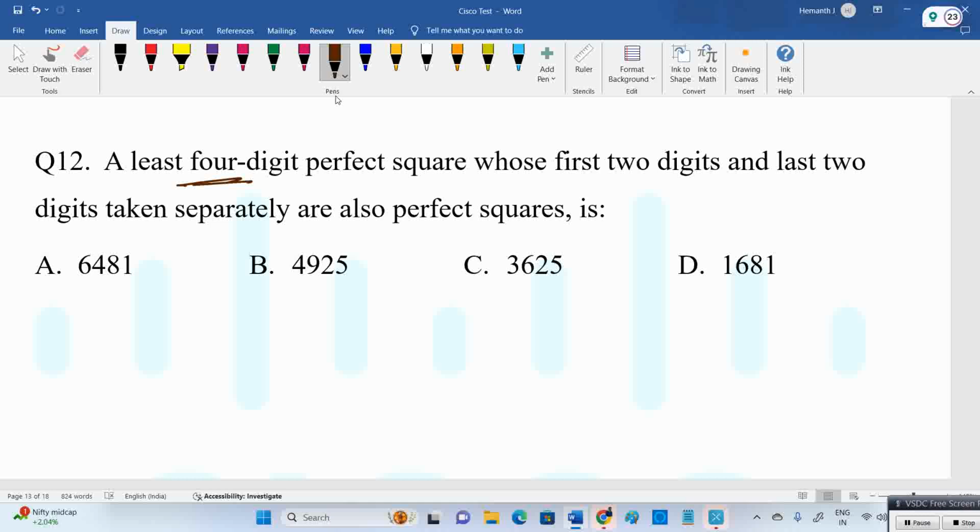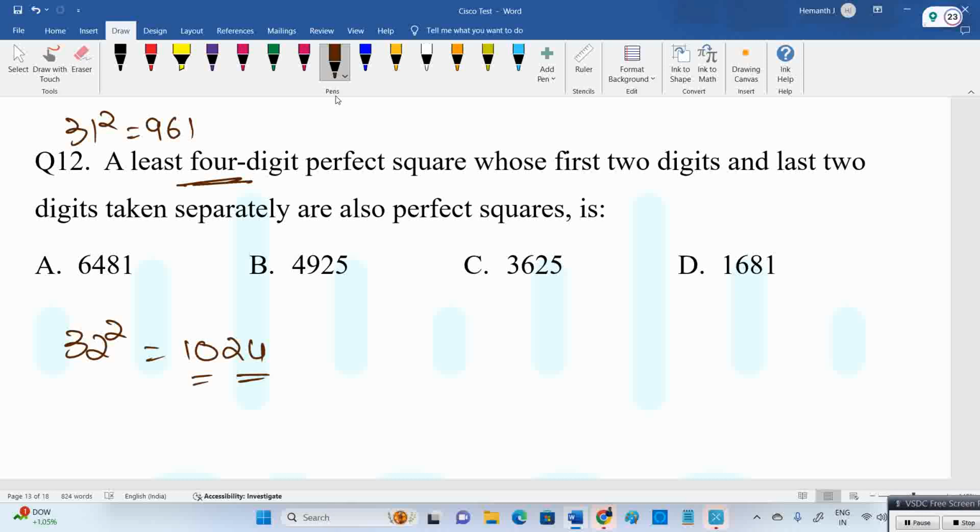See, a least 4-digit perfect square. The least 4-digit perfect square is actually 1024. But 10 is not a perfect square. 31 square is 961, which is a 3-digit number. The first 4-digit one is 1024, but here 10 is not a perfect square and 24 is not a perfect square.